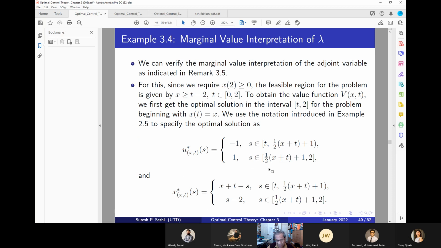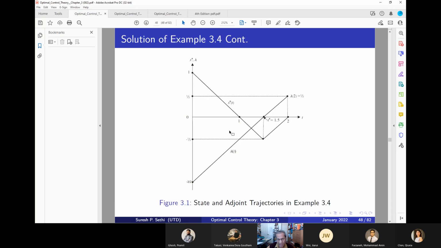Now, how did I write this solution? Well, I just did the following. I went here, and I know that whatever I do, if my x is not too high, then I will go here, and then go there. So somewhere I will switch, and I'll go there. You notice what is going on?